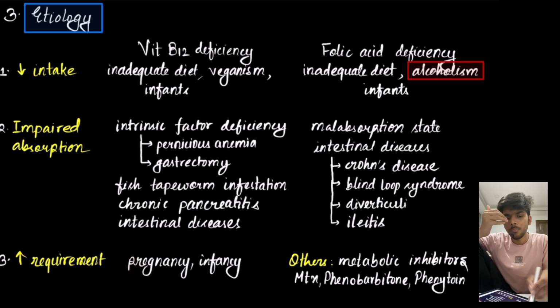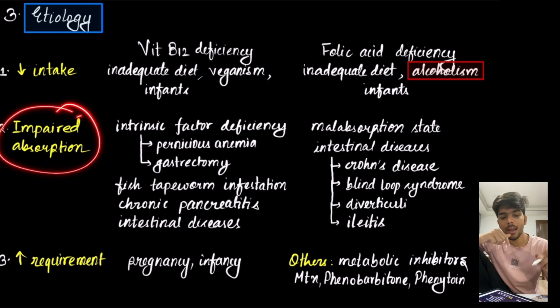So one important thing in intake is that alcoholism leads to folic acid deficiency. Remember, alcoholism leads to folic acid deficiency. Other reasons are simple. Inadequate diet will lead to the deficiency. Veganism will lead to the deficiency. Infants, growing children can be deficient of vitamin B12 and folic acid.